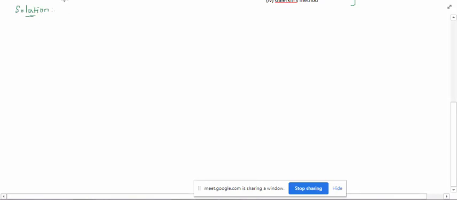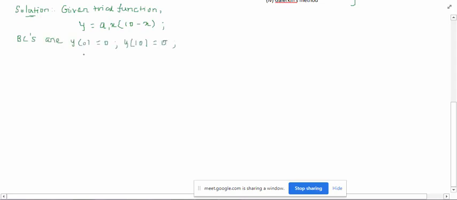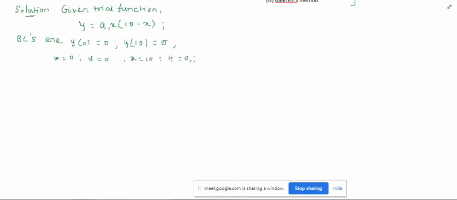So now let us try to solve our problem. So step 1 is to choose the trial solution, or take the given trial solution. Okay, and from the boundary conditions we can write that if x is equal to 0 then y equal to 0. Okay, so this is the boundary condition given: x is equal to 0, y equal to 0. If x is equal to 10, y equal to 0.